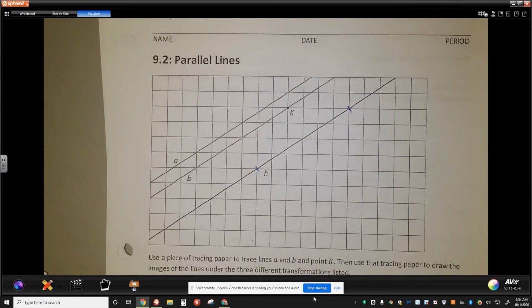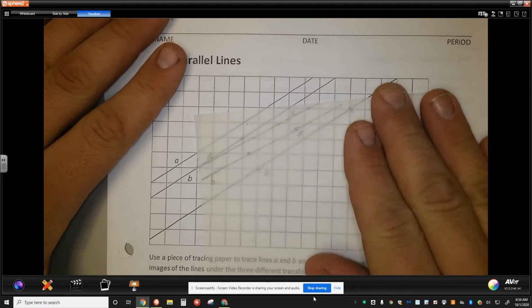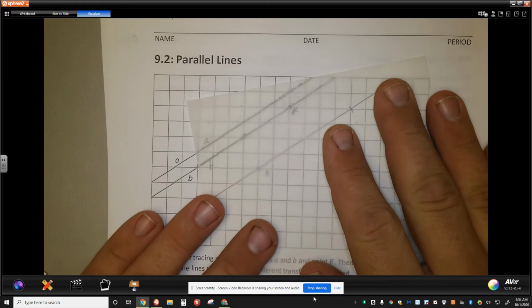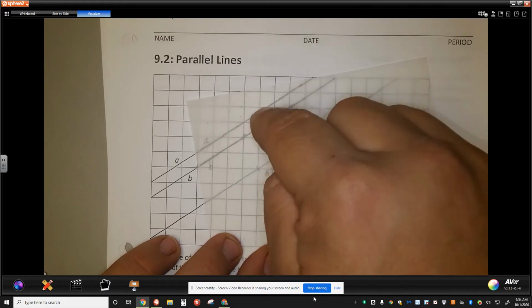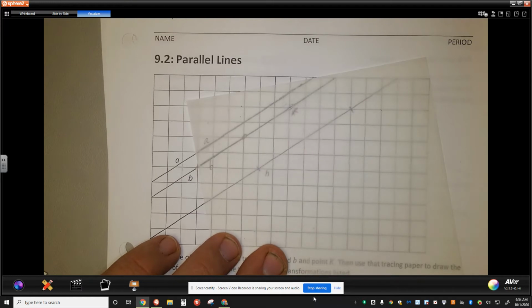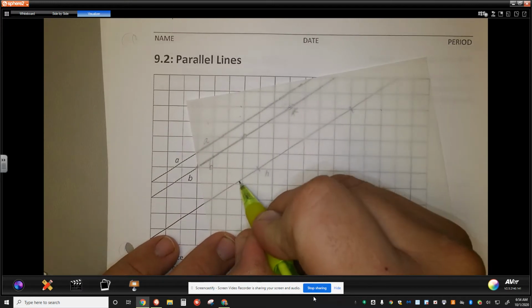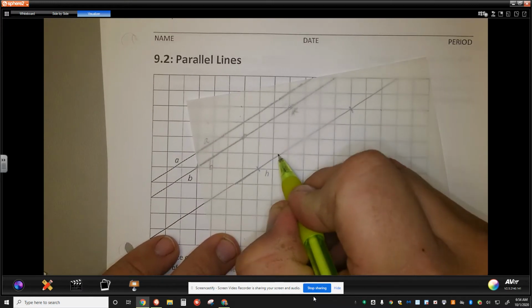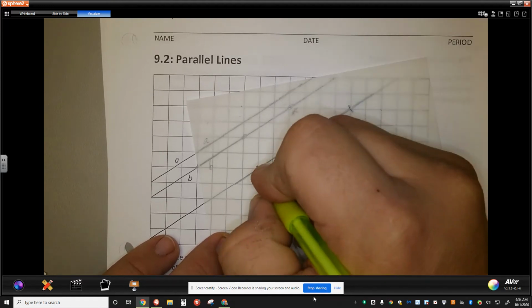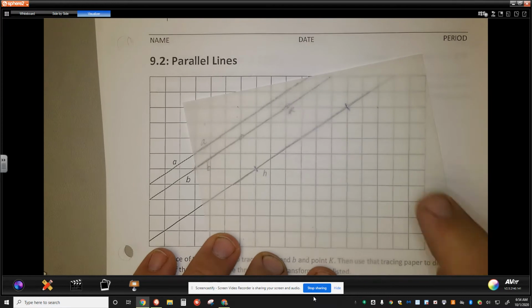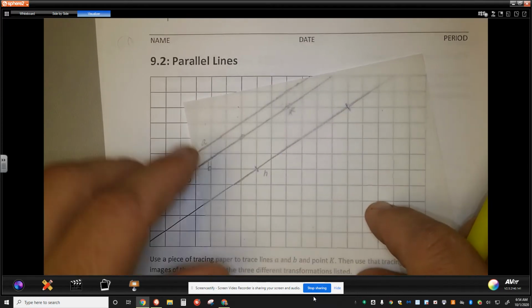All those little marks help me line up my reflection, so that I reflect across the line and take my figure AB, my two lines, and get them exactly where they need to be on their reflection. This helps me keep a perpendicular relationship to the line of reflection the way that it's supposed to.